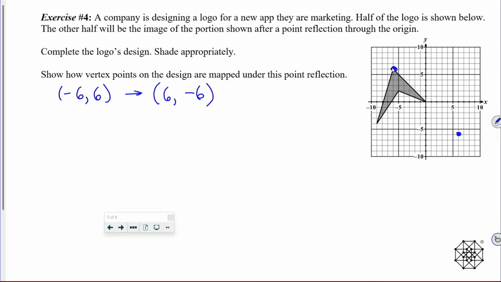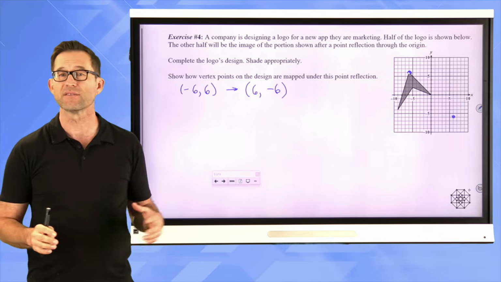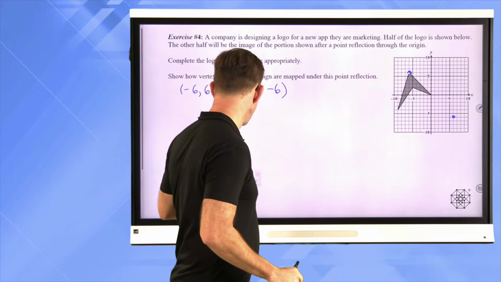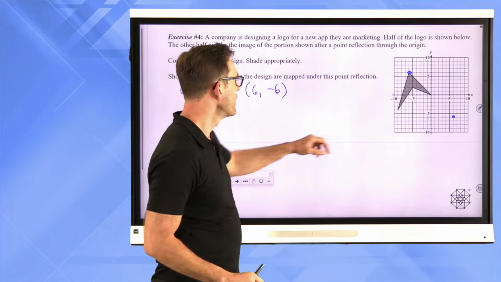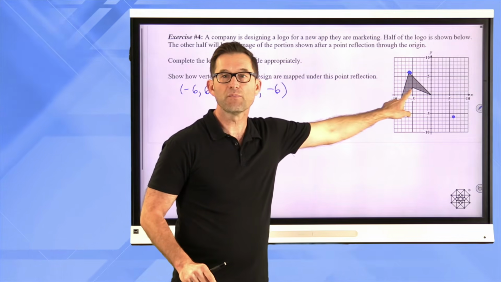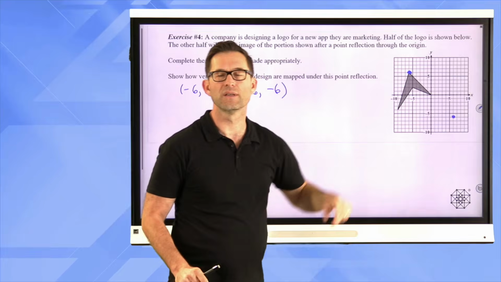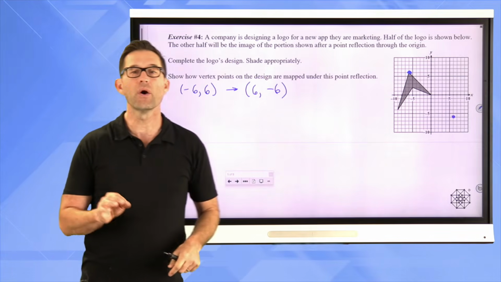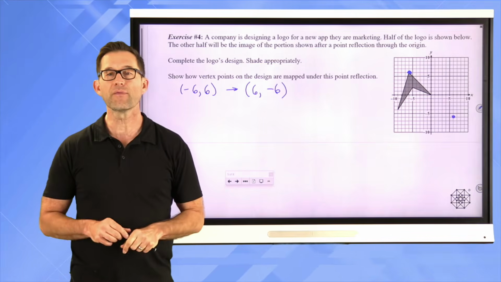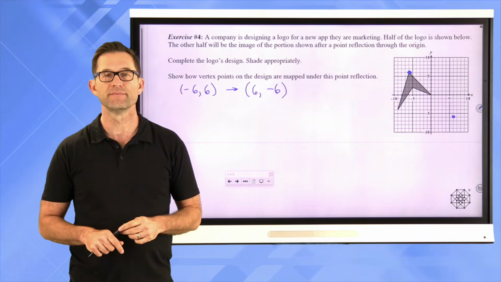I haven't labeled any of these A, B, C, D, or anything like that, so I'm not going to here. All right, but I want to do that to, let me get that arrow off of there. I want to do that to this point, to this point, to this point, and we'll talk about the origin in just a moment. But why don't you go ahead and do that? You know, carve out each one of those points, plot it, draw out the figure, and shade appropriately.